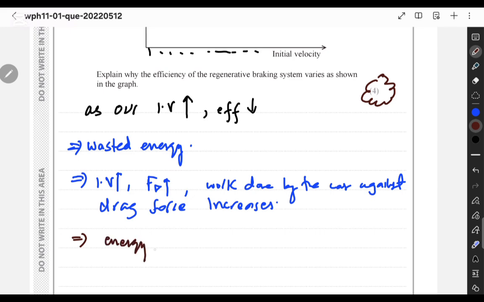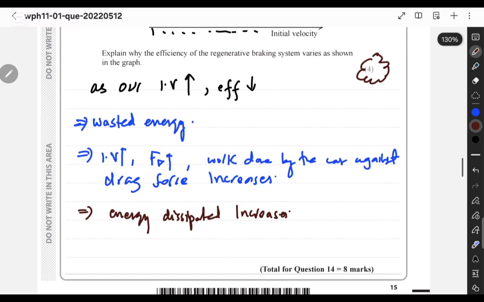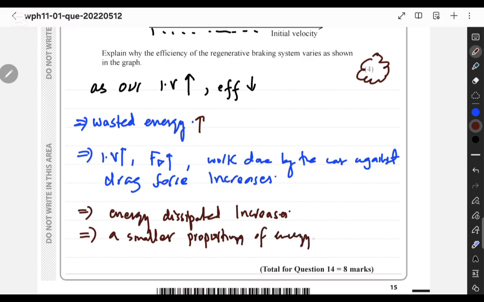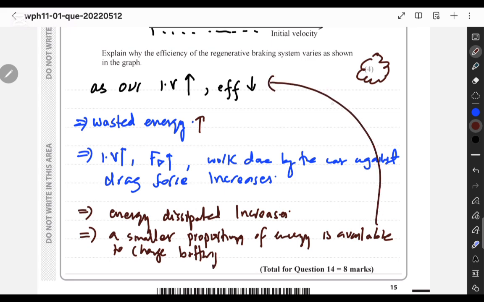the energy dissipated increases. Now the energy dissipated is going to be increasing, and because of all of this, a smaller proportion of energy is available to charge the battery, and because of this, the efficiency of the system is going to go down.